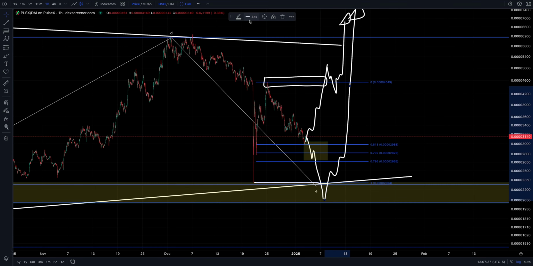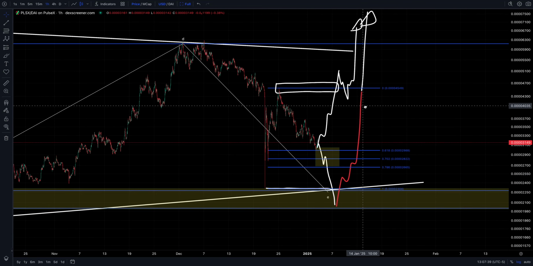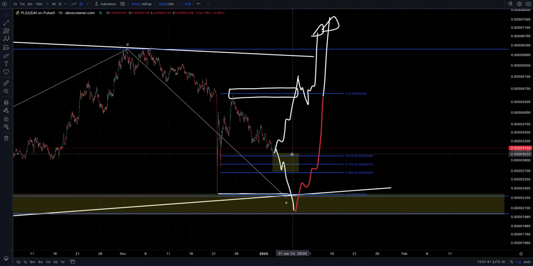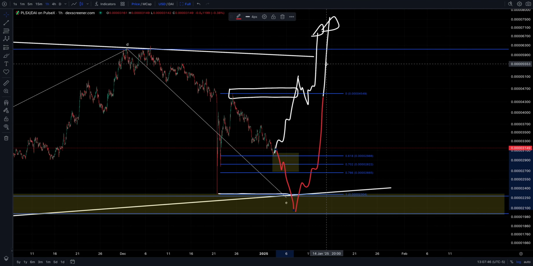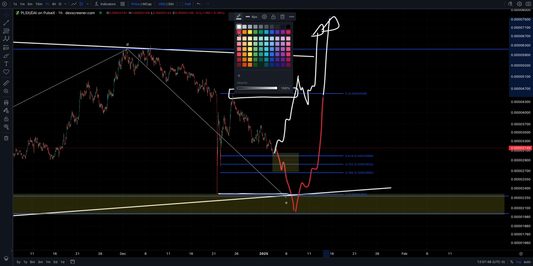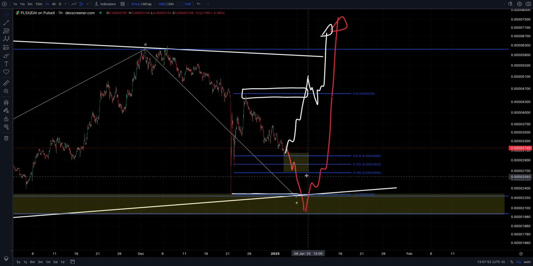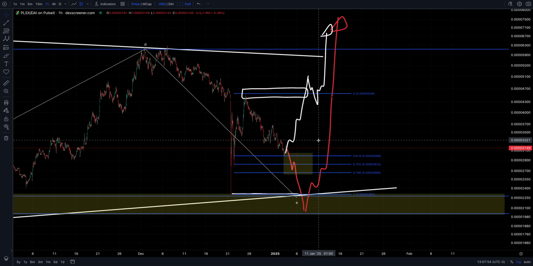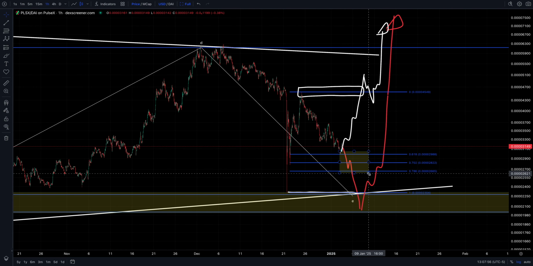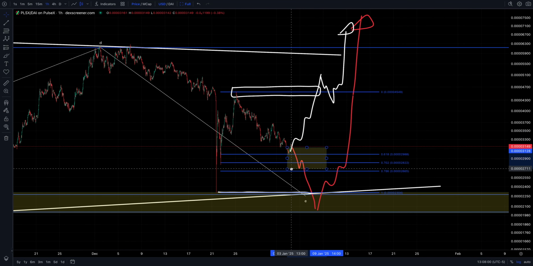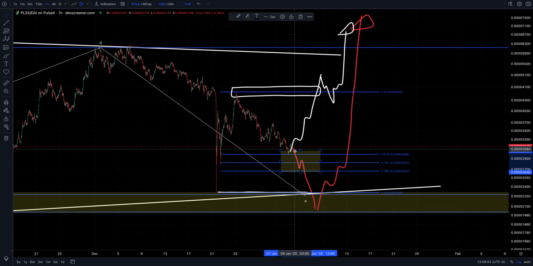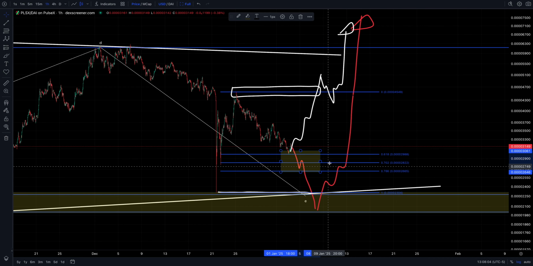I'll make it red so you guys can differentiate between the two trajectories I'm trying to show you guys. Okay, this is what we would see. Okay, so these support levels is what you would want to be looking at, and look for a bounce to come in within this region. Okay, so from now, and if we come down towards the 786 here.